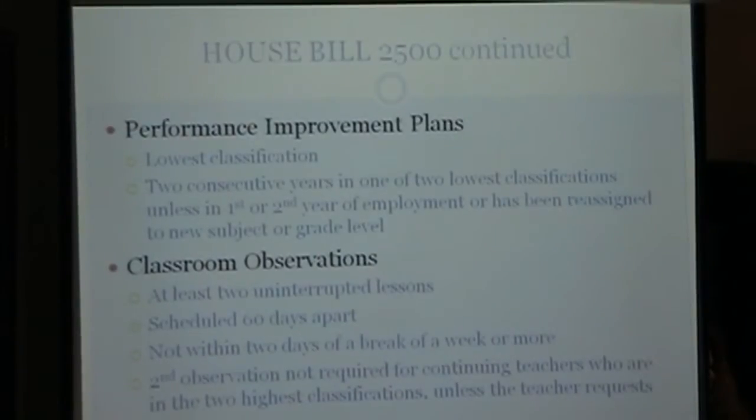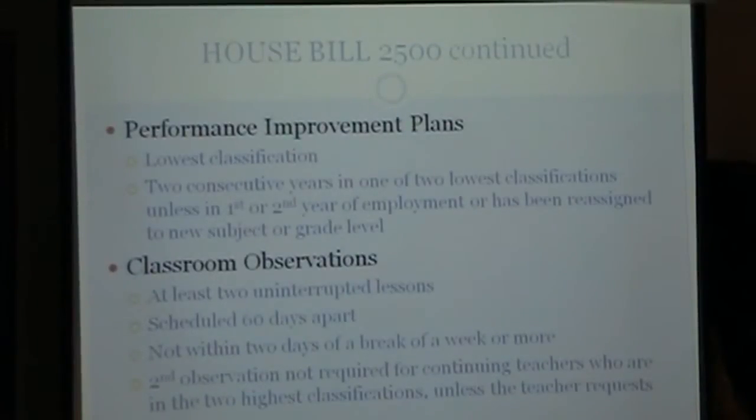And then classroom observations are further defined from House Bill 2500 to involve uninterrupted lessons, and at least 2 of them scheduled 60 days apart. And this has always been there, not within 2 days of a break of a week or more.